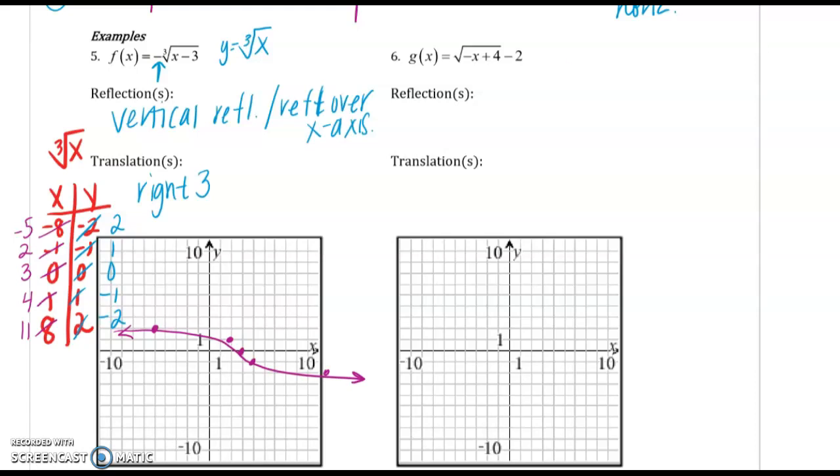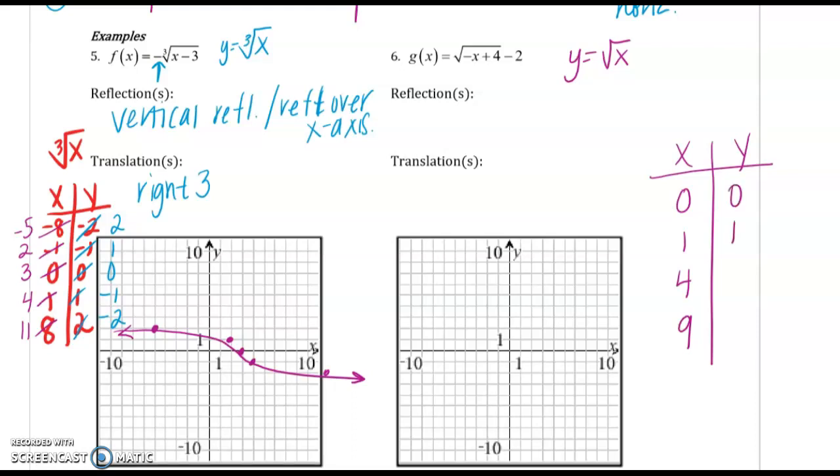Right? And let's look at this next one. This is just the square root of x. So I can just go ahead and say, okay, what are the easiest things to take the square root of? 0, 1, 4, 9. 0, 1, 2, 3. And let's see, this is a horizontal reflection, known as a reflection over the y-axis. This also, well, be careful.